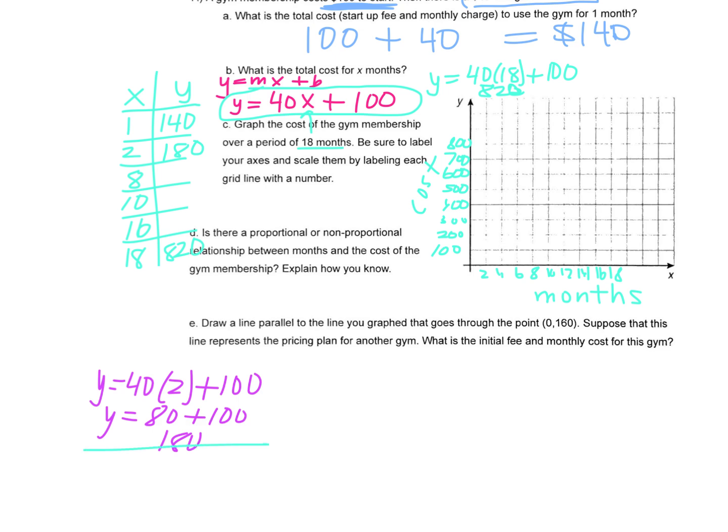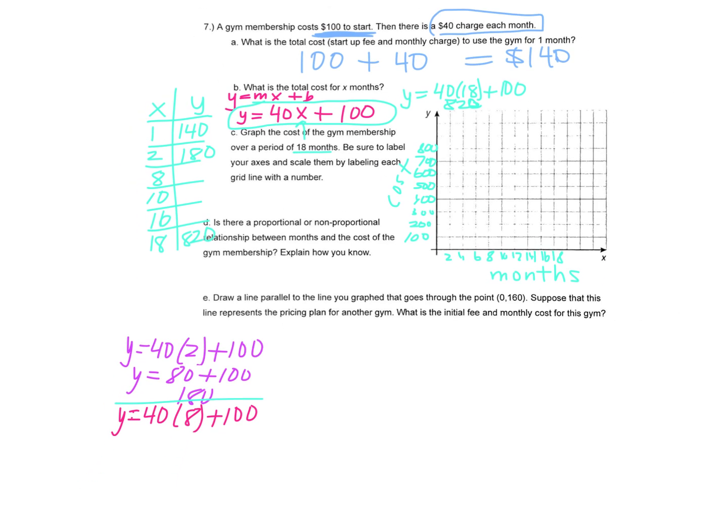Okay, and let's do 40 times 8 months plus 100. So 40 times 8 plus 100, that's 320 plus 100, so that is 420 for 8 months. Okay, so I'm just getting myself some ordered pairs here. Let's keep going.